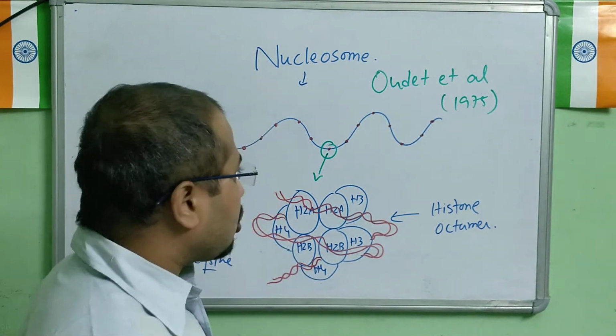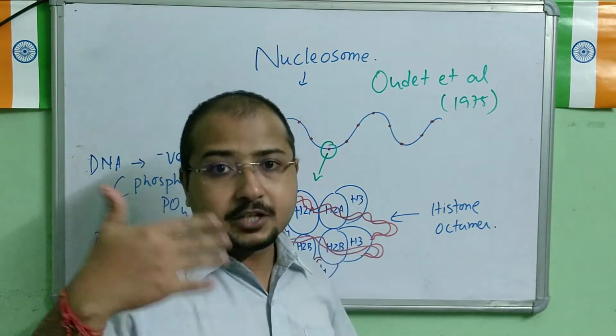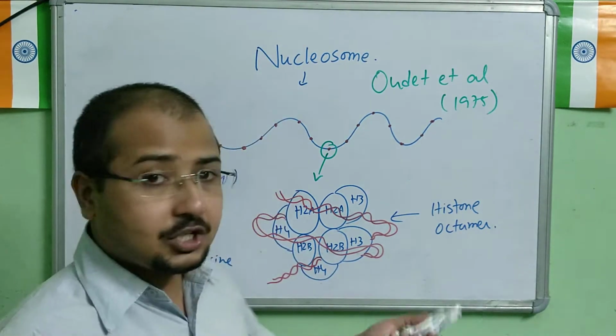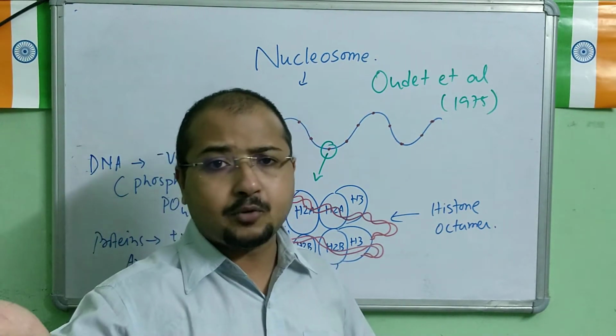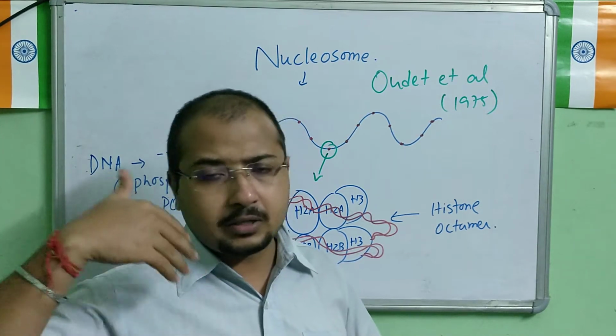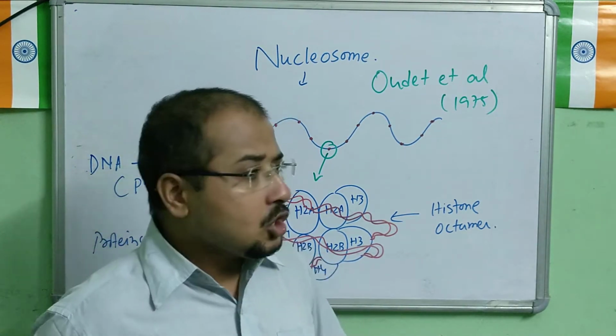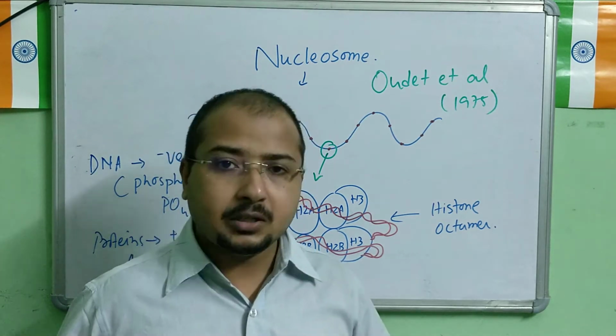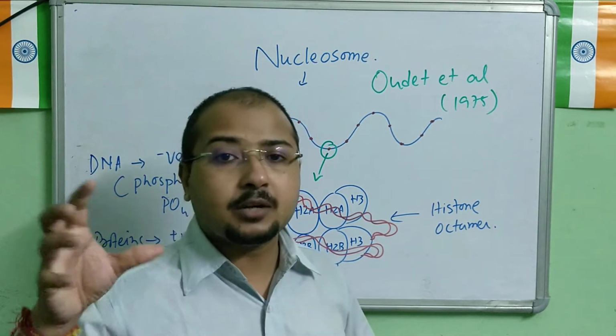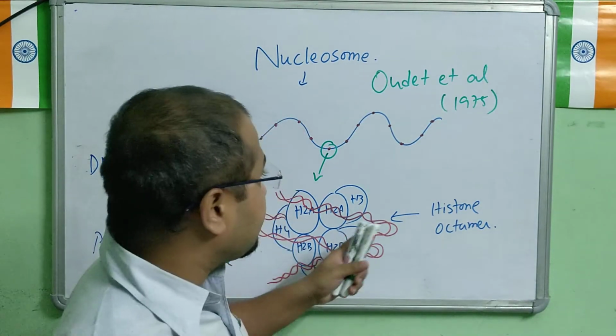In the prophase, the visibility of chromosomes comes. Condensation starts, condensation takes place, and chromosomes become visible by the end of the prophase or in the beginning of the metaphase. This condensation of the chromatin fiber needs some additional proteins along with the histone proteins.